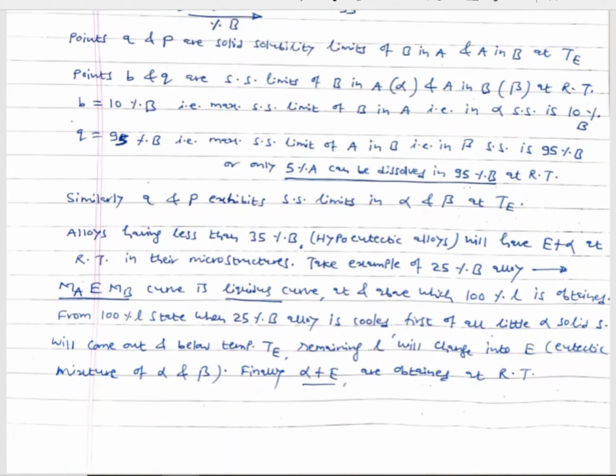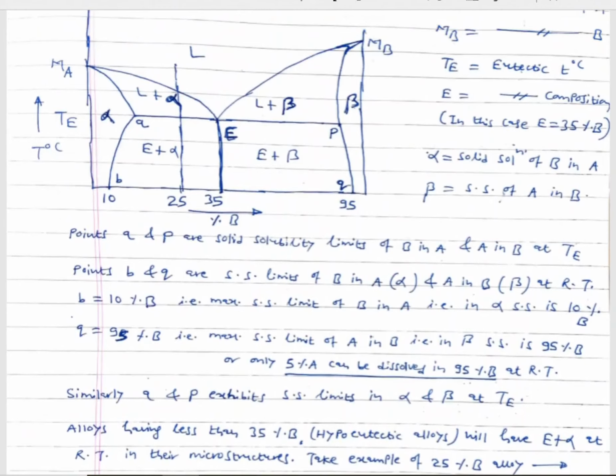Here also MA E MB belongs to the liquidus curve as we had seen in eutectic system, and MA small a, E, small p, MB is called solidus curve.